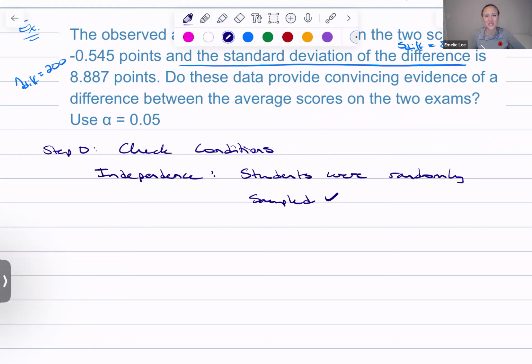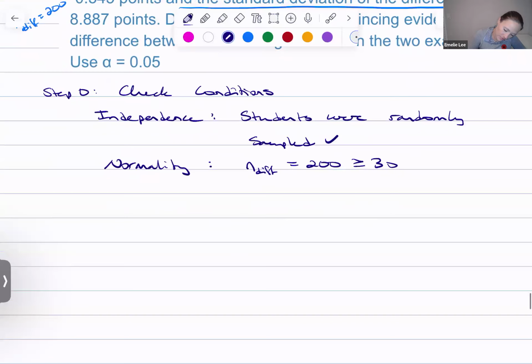But it's listed more thoroughly above, so I'm just going to use the brief version. To check our normality, we said that N diff, which is 200, is greater than or equal to 30. So we can assume normality.